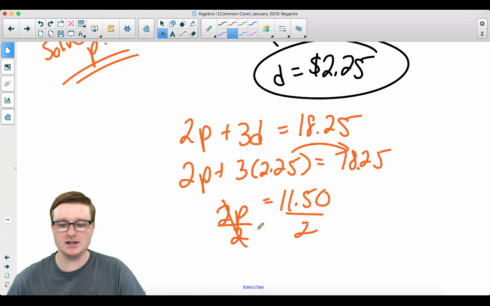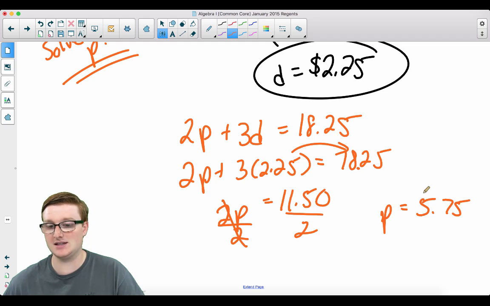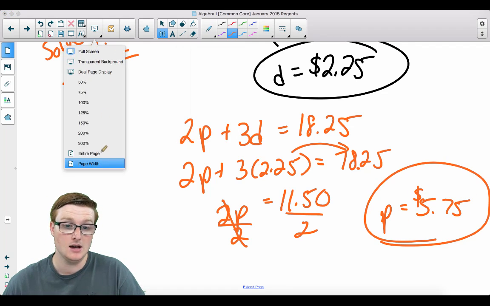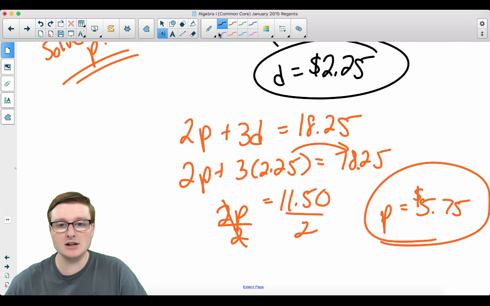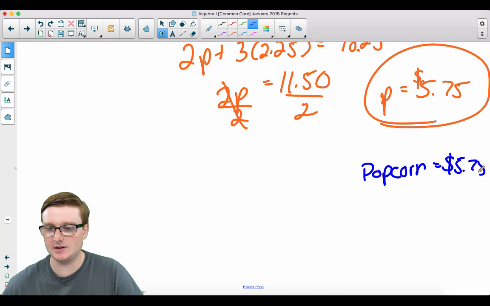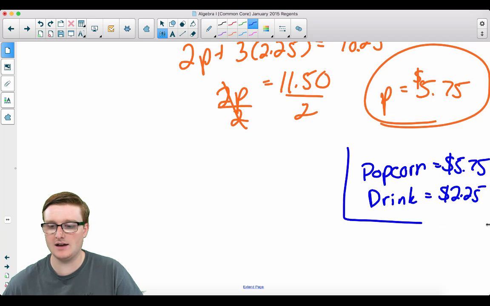Dividing by 2 on both sides, you get P is equal to $5.75. Yep, that sounds reasonable at a movie theater. $5.75 for popcorn? Oh, yes. So you can just write on the side, to be very specific, that popcorn is equal to $5.75, and the drink is equal to $2.25.